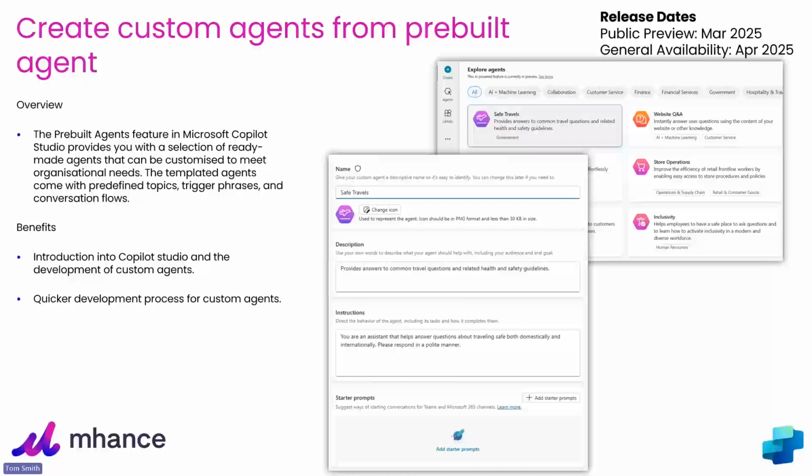So it's a good starting block to understand what kind of inputs you put into the description, what kind of instructions you give the agent, what kind of prompts you want the agent to use. So like I say, if you're not familiar or started to have a play around with Copilot Studio, it's something that helps bridge that gap between how to set one up and just using a predefined template. And this will be available by next month.